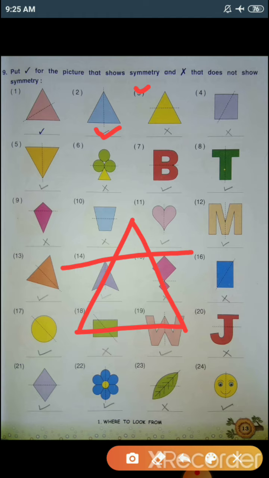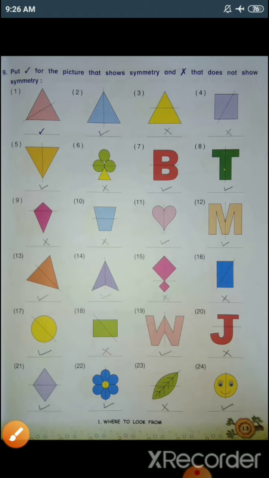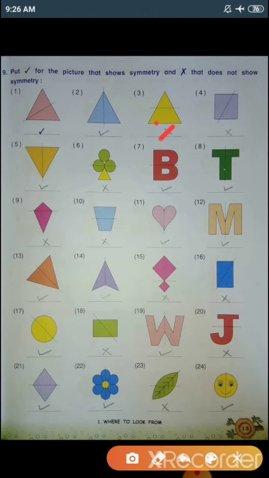You can see that part 1 is here and part 2 is downward side, but part 1 and 2 look different from each other, so this shape is not symmetry because they both look different from each other. So we'll just put one cross on this shape.